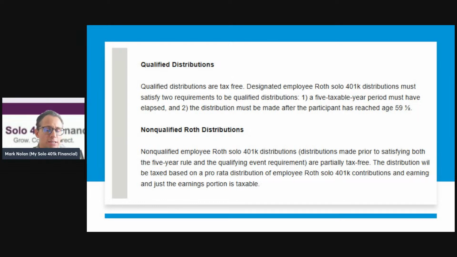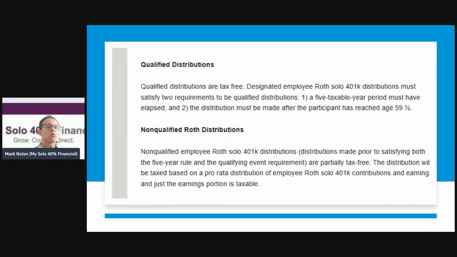A non-qualified distribution is one where first you have to be age 59.5 to make the distribution. Because remember, a triggering event to make a distribution from a solo 401k, whether we're talking about pre-tax solo 401k funds or Roth solo 401k contributions, is that you have to be age 59 and a half.